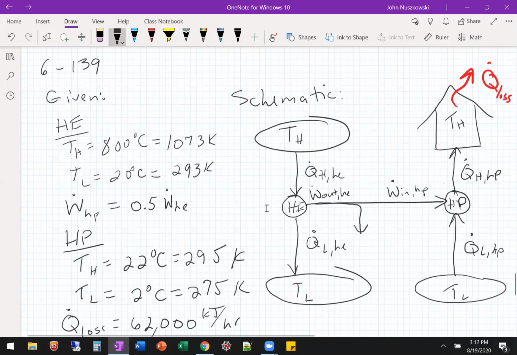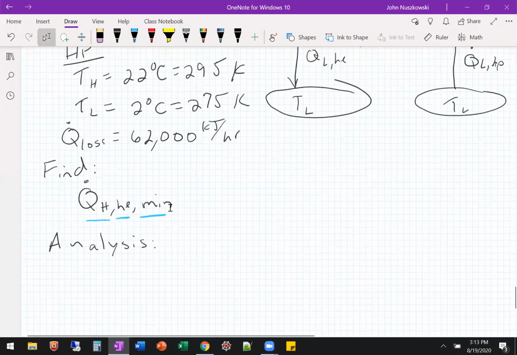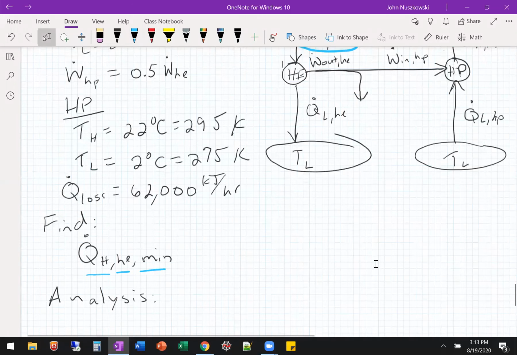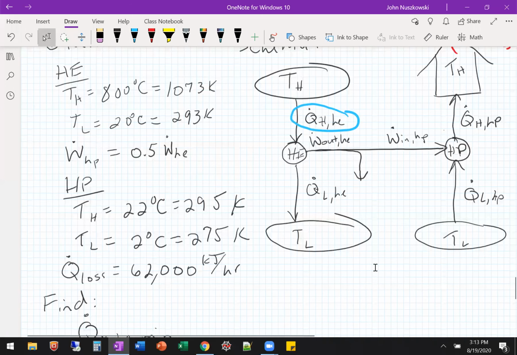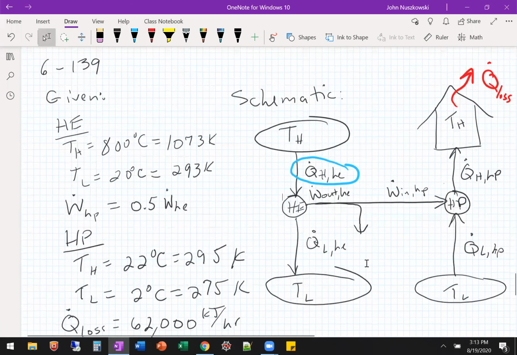All right, so this problem is asking for this. Where do you want to start solving this? We're looking for Q dot H of the heat engine, right? Any ideas?